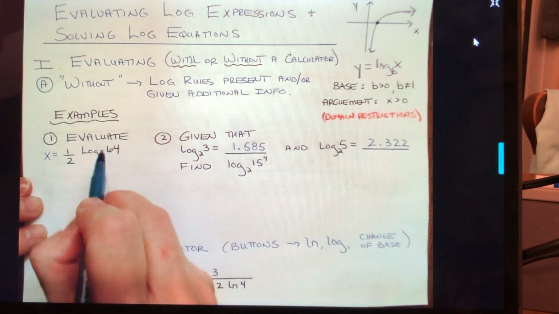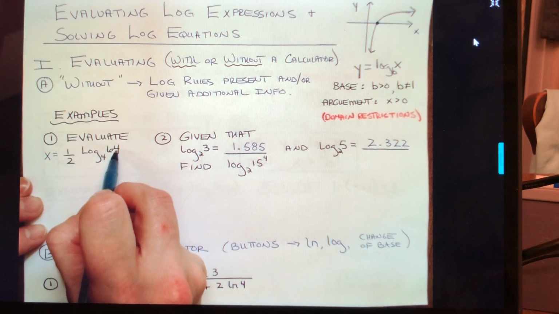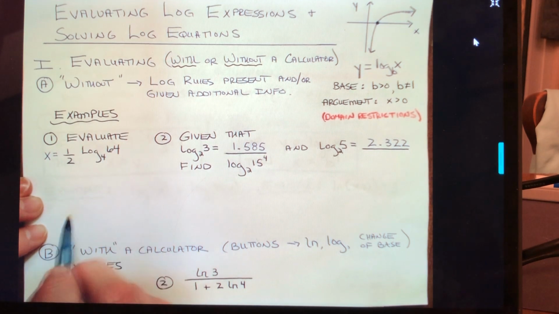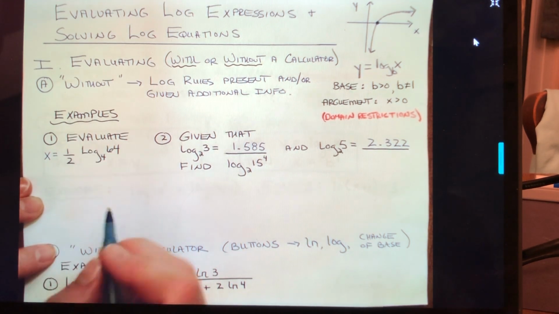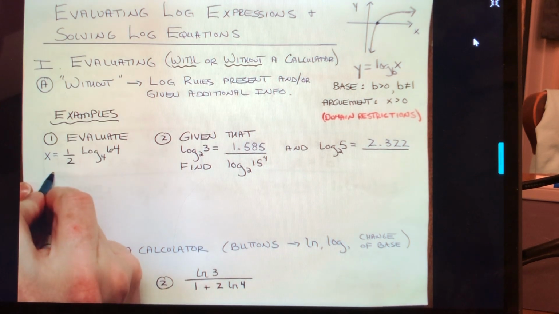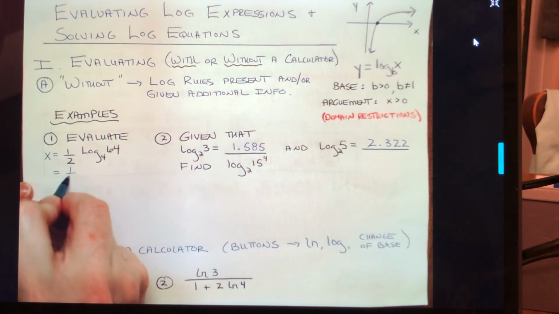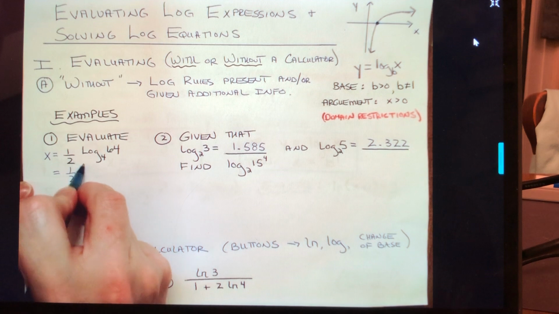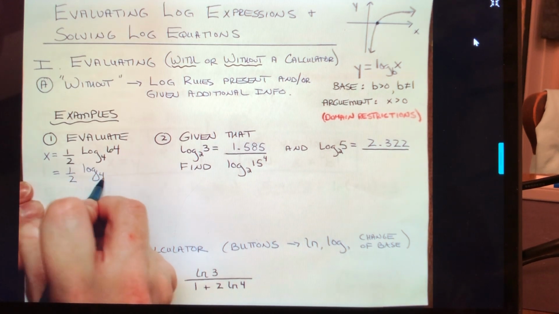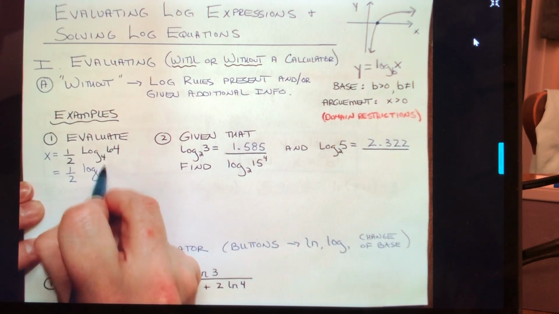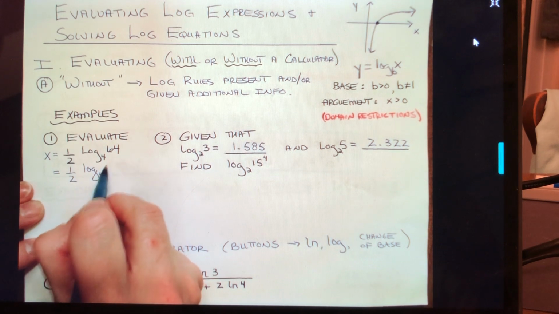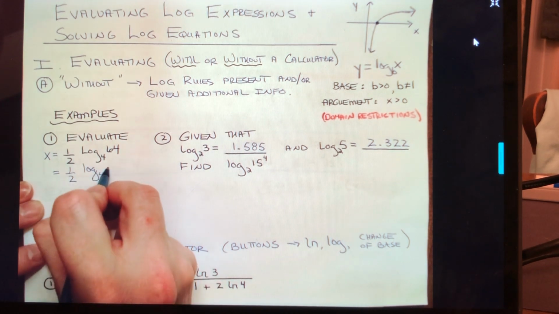And what I mean by that is, can we rewrite 64 as 4 to a power? If we can do that, it's going to allow us to use a pretty slick log rule. So I'm just going to begin by rewriting this here. So I have 1/2 times the log of base 4. And if you haven't figured it out already, 64 can actually be written as 4 cubed.